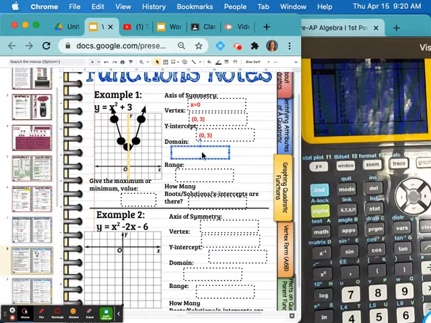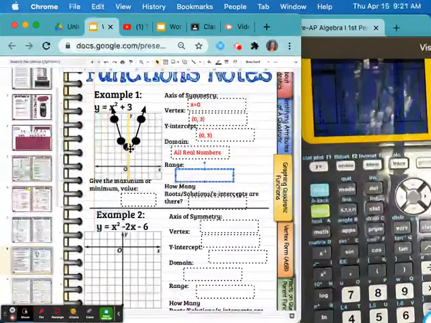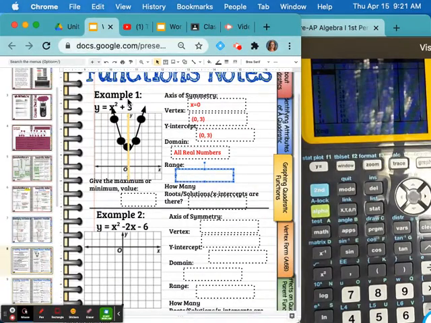So for the domain of the quadratic, there's no restrictions here. We don't have any points saying it only goes to the left to 5 or anything like that. These arrows say that's going to go on and on forever in both directions. So our domain is all real numbers. And then with our range, it is how far down does it go to how far up does it go.